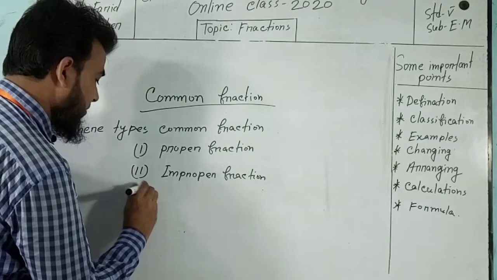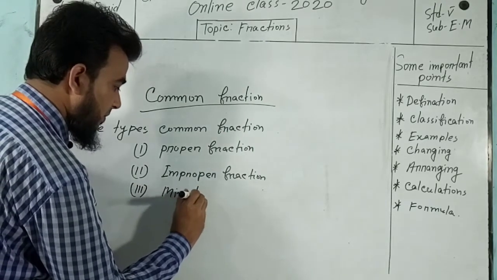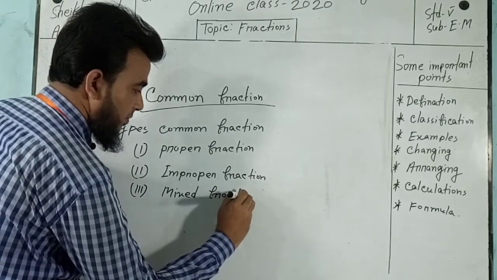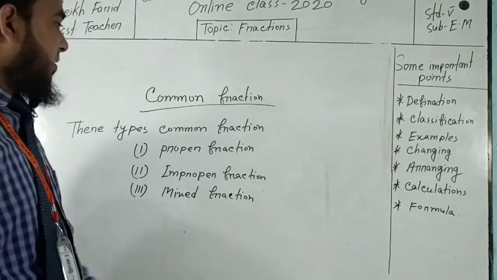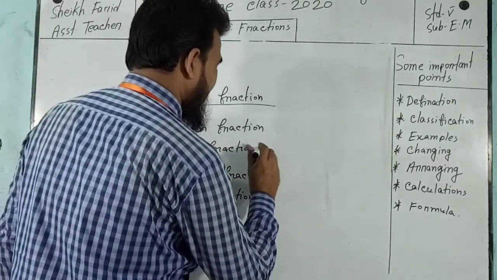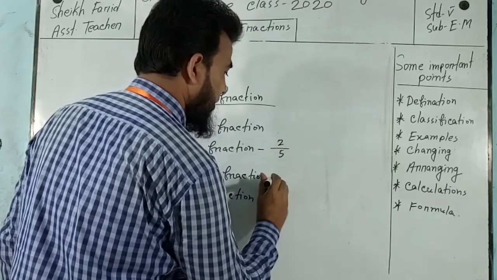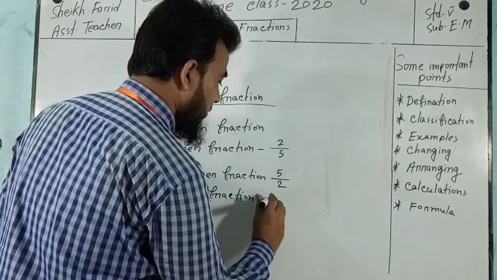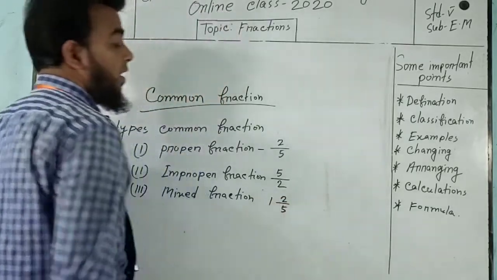And the third one is mixed fraction. Now look, if we write an example of these fractions, suppose 2 by 5, this is a proper fraction. 5 by 2, this is an improper fraction. And if we say 1 integer 2 by 5, then this is a mixed fraction.